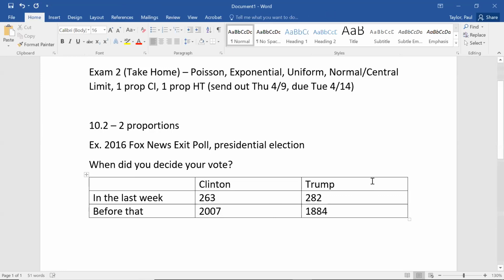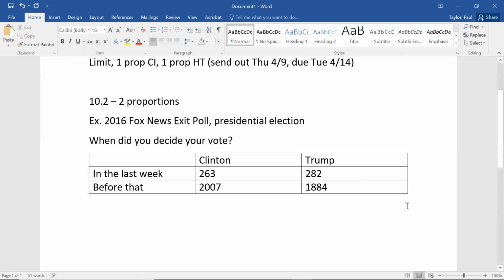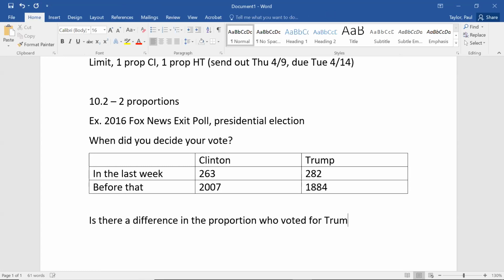So the question is, is there a difference in the proportion who voted for Trump between the in the last week group and the before that group?